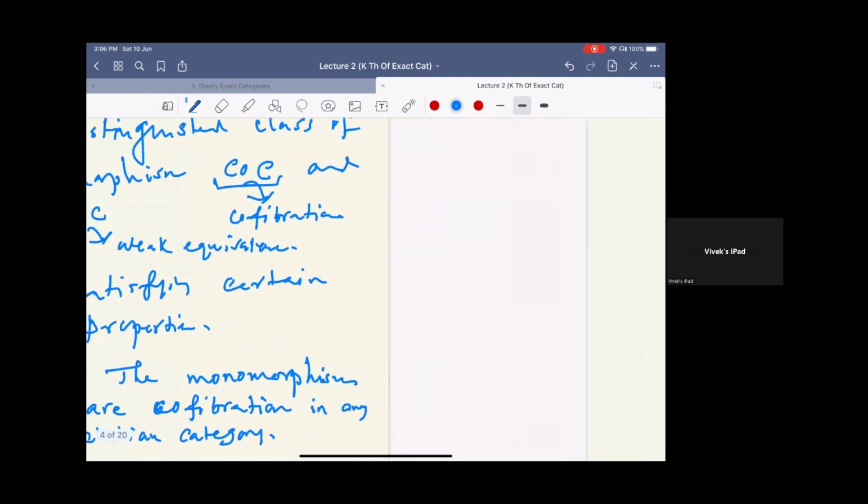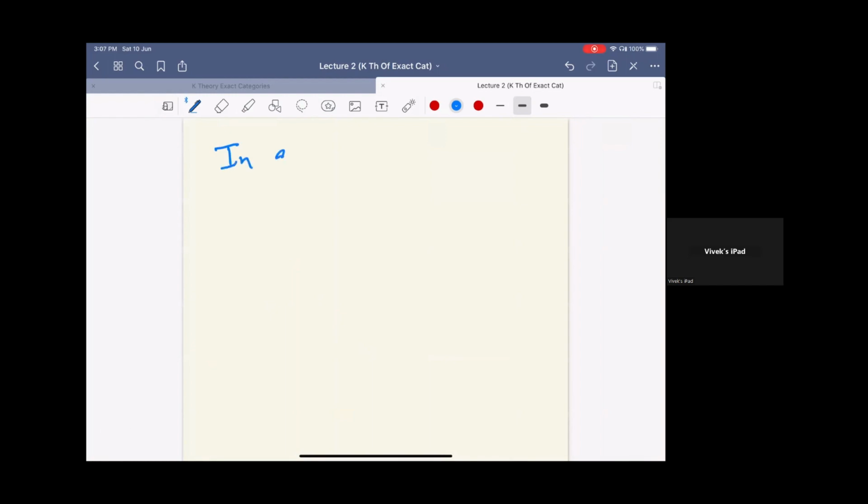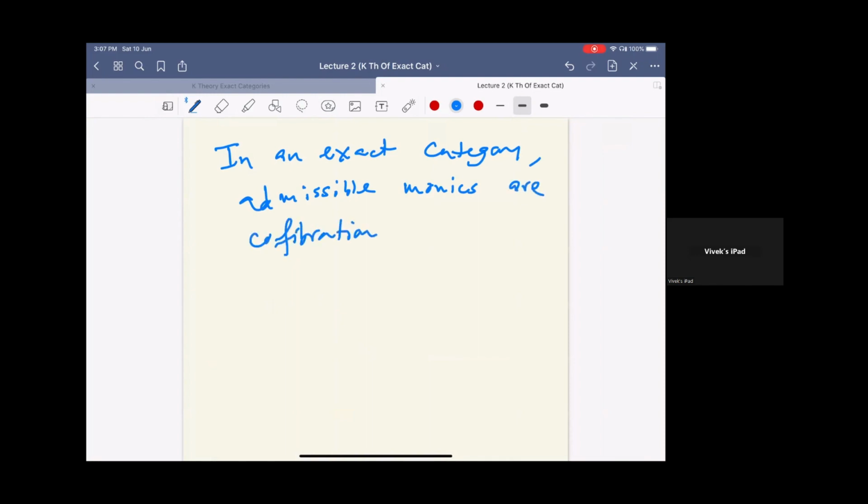And in an exact category, the admissible monics, last time we defined what is an admissible monic, are cofibrations. So any exact category is a category with cofibrations. And what are the weak equivalences?